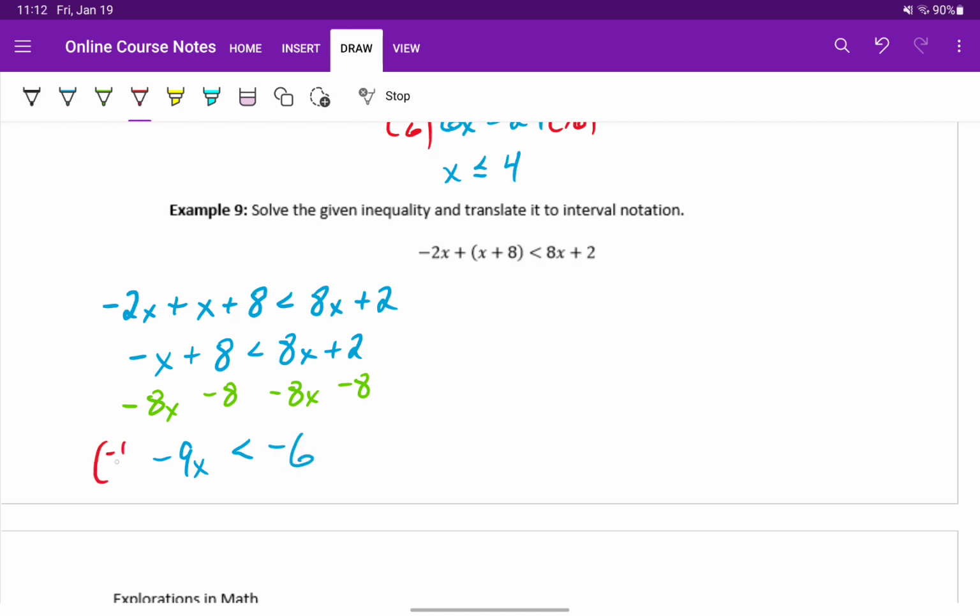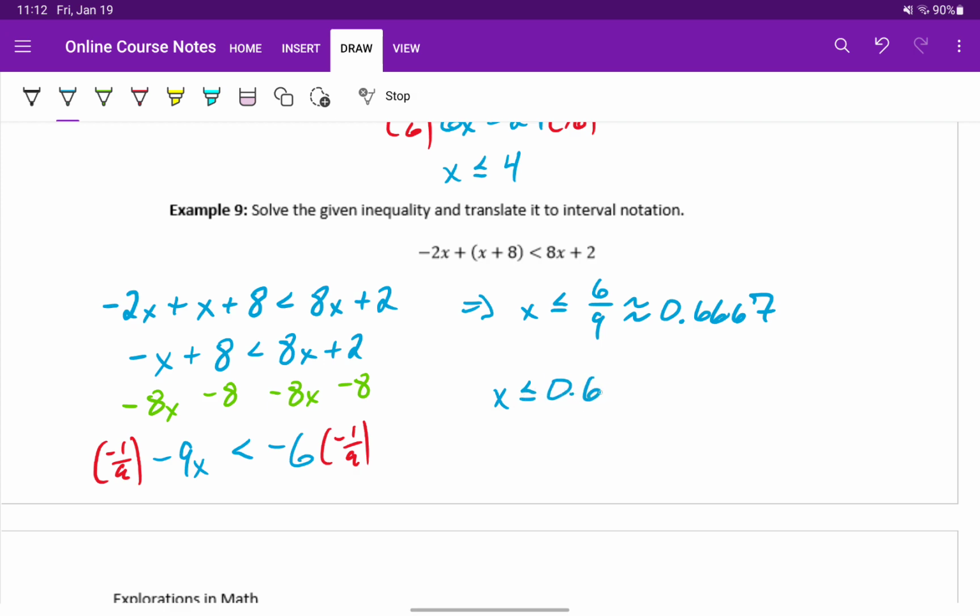Then we'll multiply both sides by the reciprocal of that coefficient, which in this case will be -1/9, leaving us with x is less than or equal to positive 6 over positive 9, as those two negatives will cancel, which will come out to be approximately 0.6667. So our solution would be x is less than or equal to 0.6667 if we round that off, leaving us with the interval.